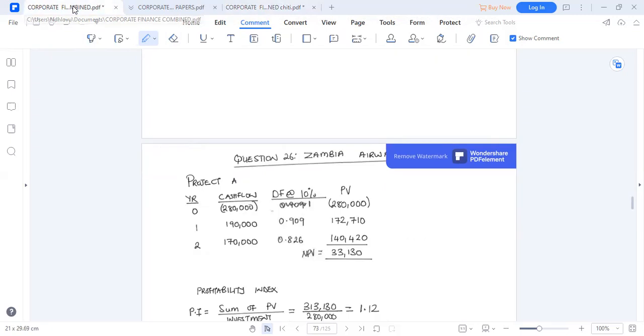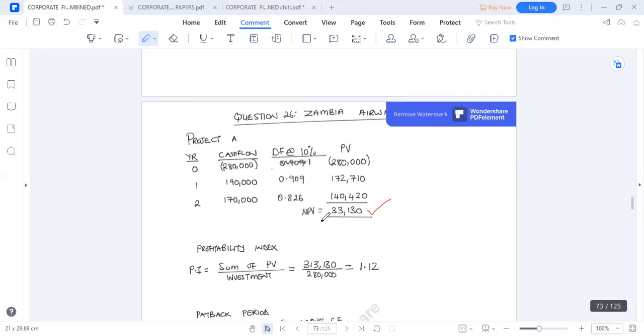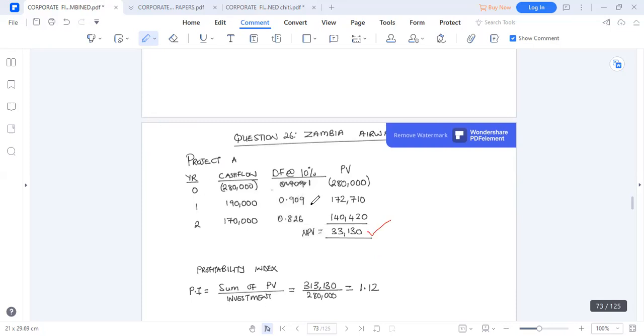So when you get 10% under 0, it's a 1. 10% under 1, 0.909. 10% under 2, 0.826. You multiply them to discount these values. So here we have 172 and 140. When we add and subtract 280, for project A, we're getting 31.30. Do the same for project B. So let me finish with project A. NPV is how you get it. Are you together on the NPV?